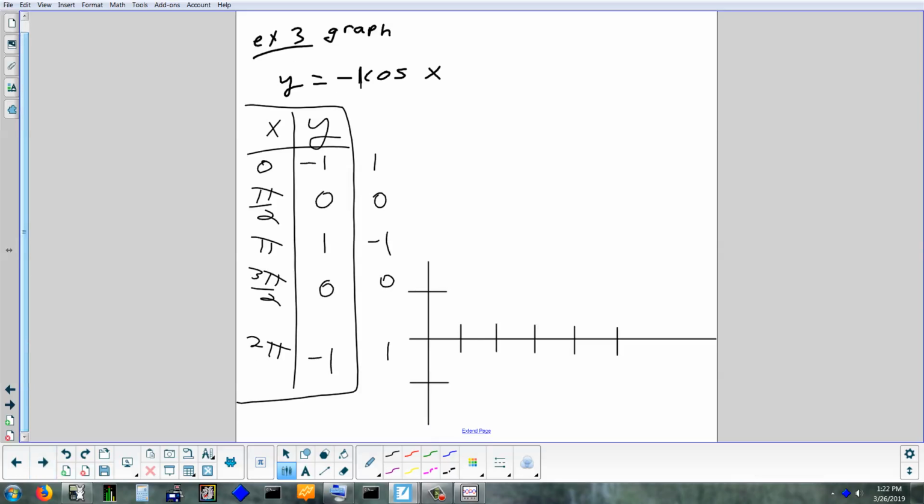So remember, cosine normally looks like something like that. Looks kind of like that V shape. This is going to be flipped over more like a hill instead of like a valley. So we're at 0, negative 1, pi over 2, we're at 0.